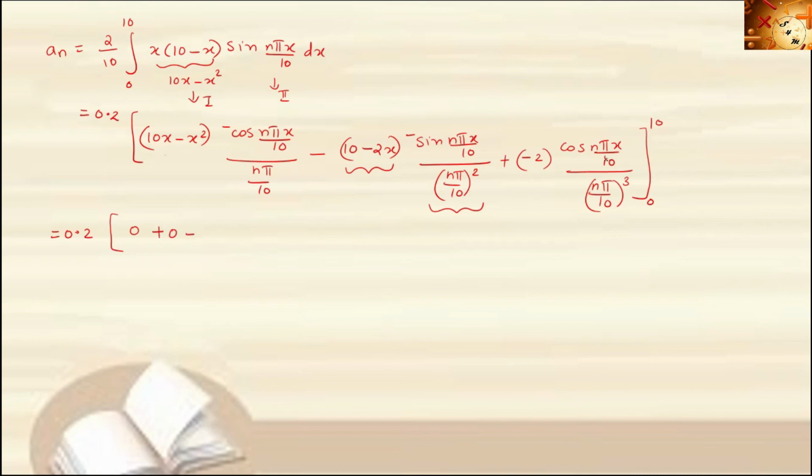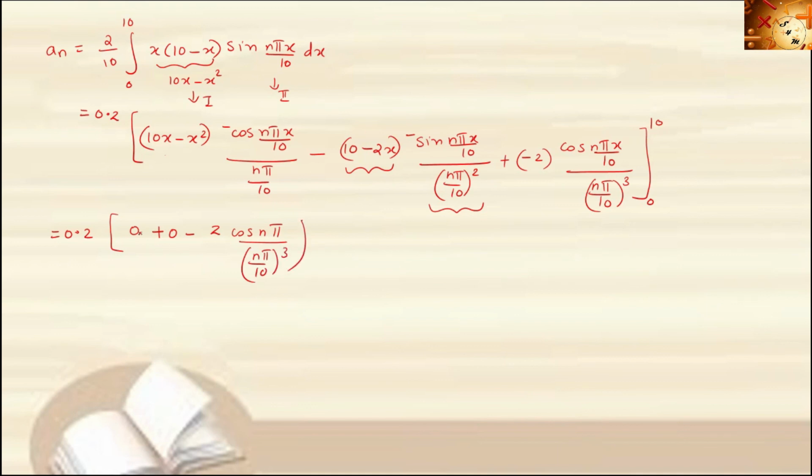Then cos n pi gives minus 2 cos n pi divided by n pi by 10 whole cube.